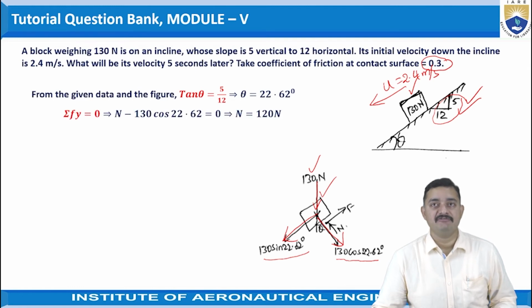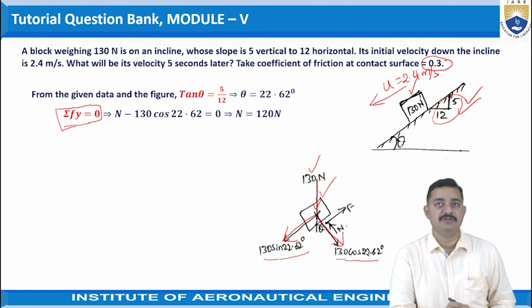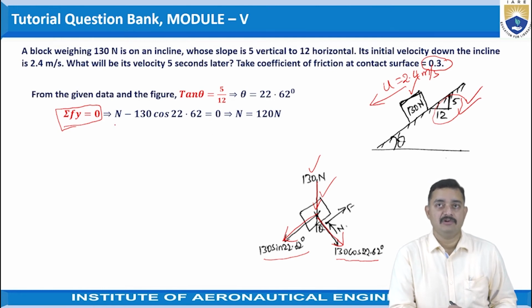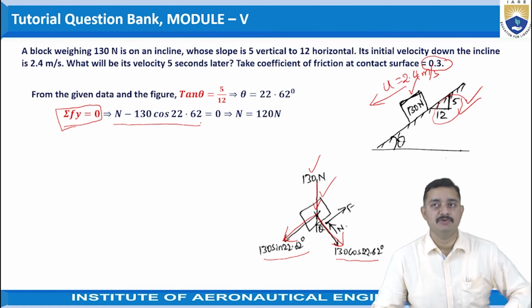Then sigma Fy is equal to 0. Here we are considering the forces perpendicular to the plane, with the condition equal to 0. Then it will give N minus 130 cos 22.62 is equal to 0.